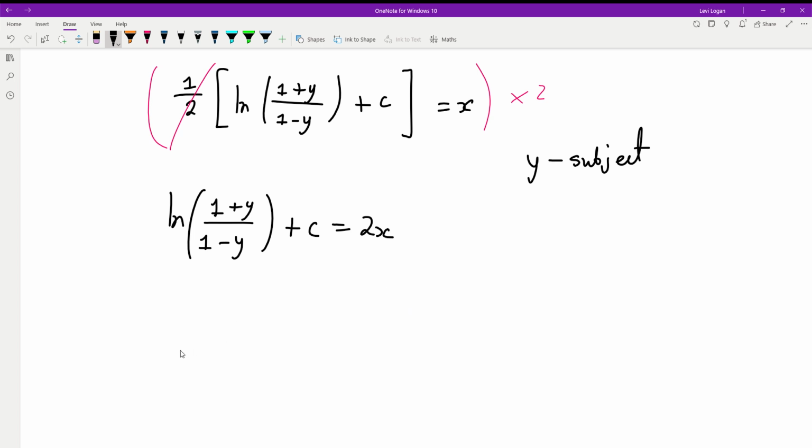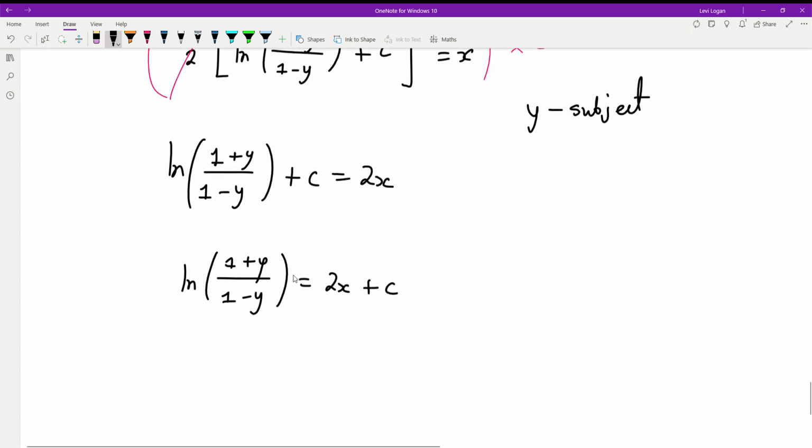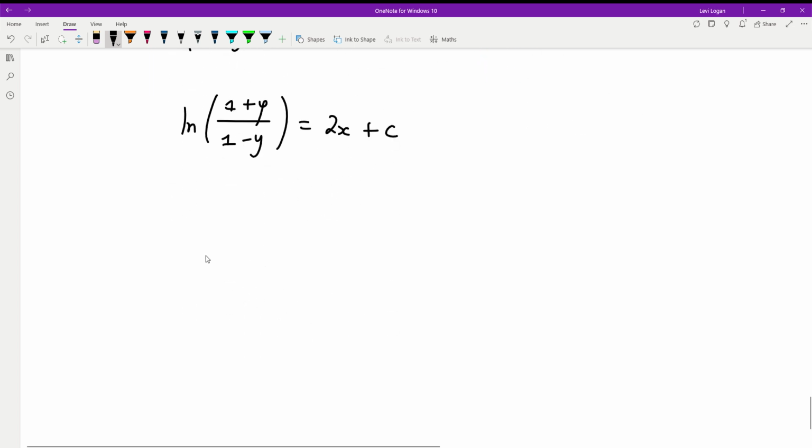I'm going to move that c to the other side, so I have natural log of 1 plus y on 1 minus y equals 2x plus c. Doesn't matter about that sign because it's still just another constant. Then I'm going to raise both sides to the e to cancel out that logarithm. So I get 1 plus y on 1 minus y equals e to the 2x plus c.